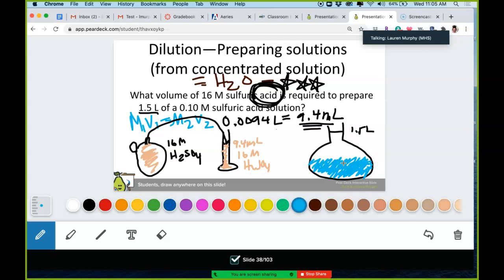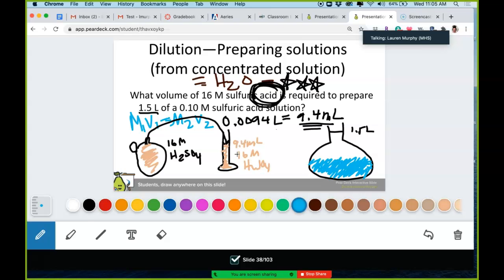If the glass breaks, you end up with 16 molar sulfuric acid on you, and that is a big problem. So if you did not have water in here to begin with, and then you dumped the acid in, and then you dumped water on top of it, there'd be no insulator for the acid, and the heat would likely break the glass and would spill the acid everywhere.